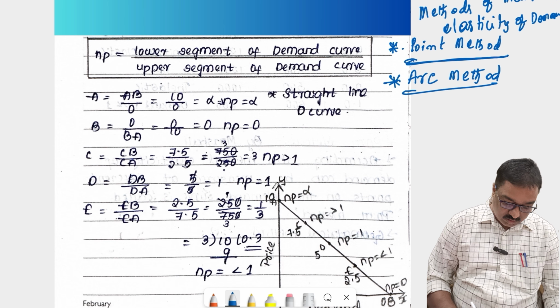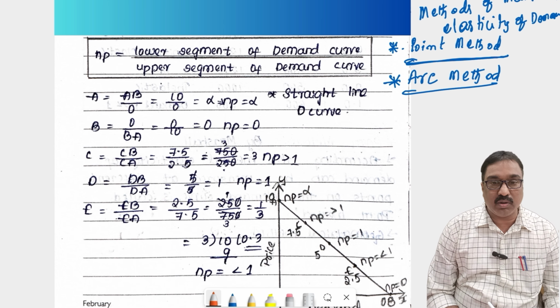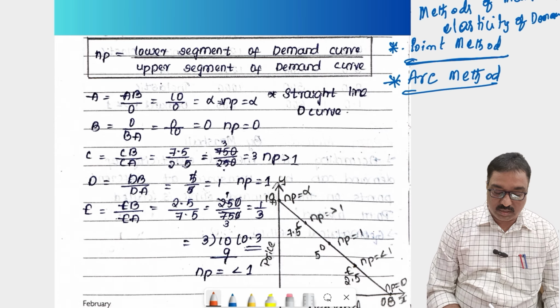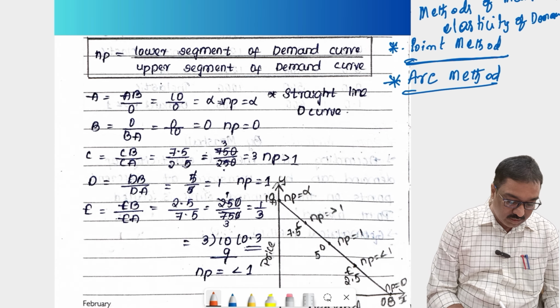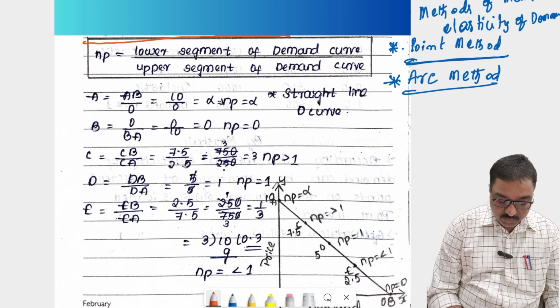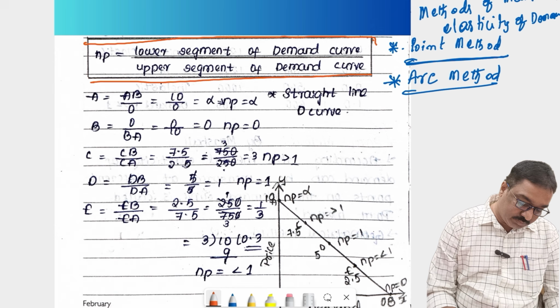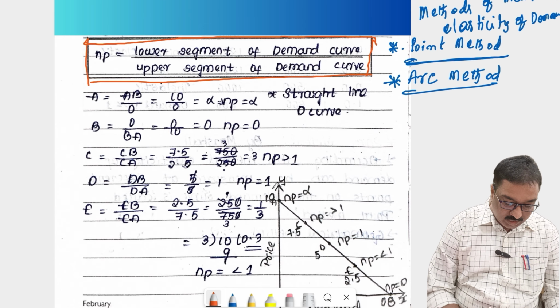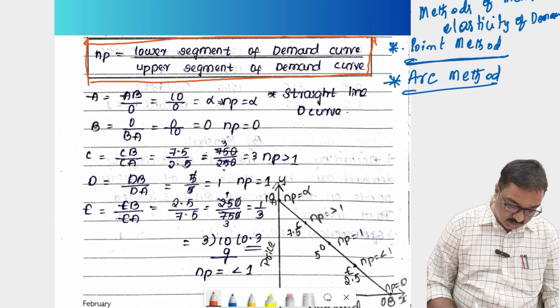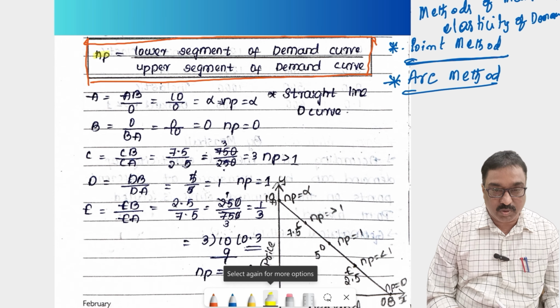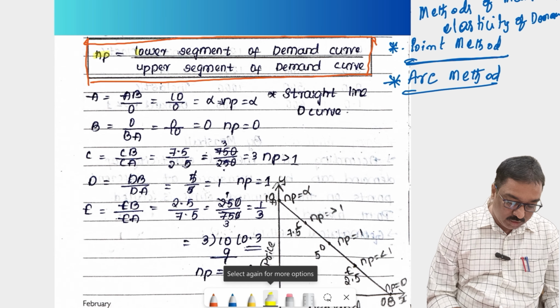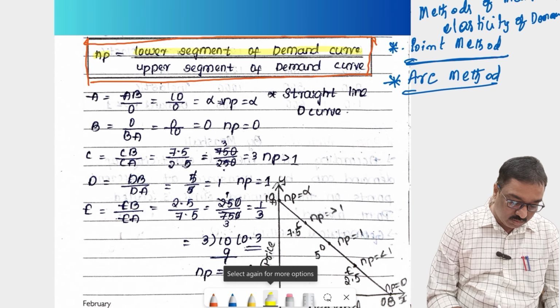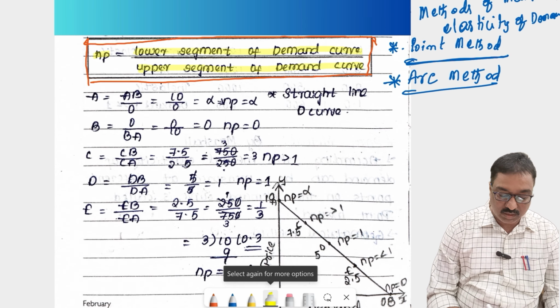In the point method, there is one formula for measuring the elasticity of demand. This is the important equation: Ep is equal to the lower segment of the demand curve divided by the upper segment of the demand curve.